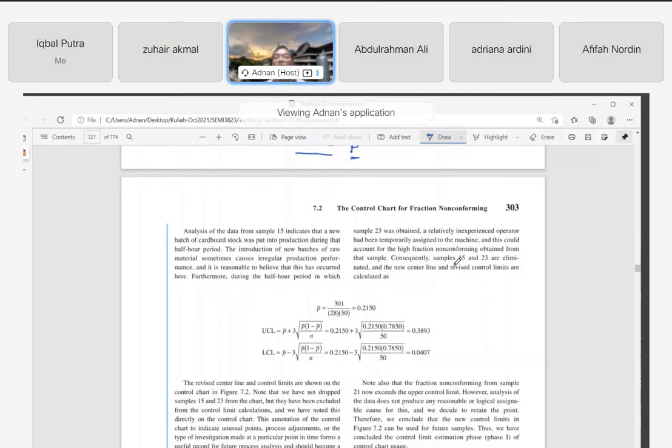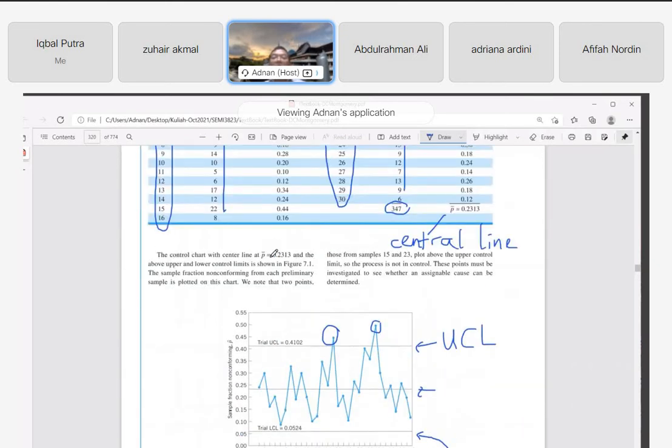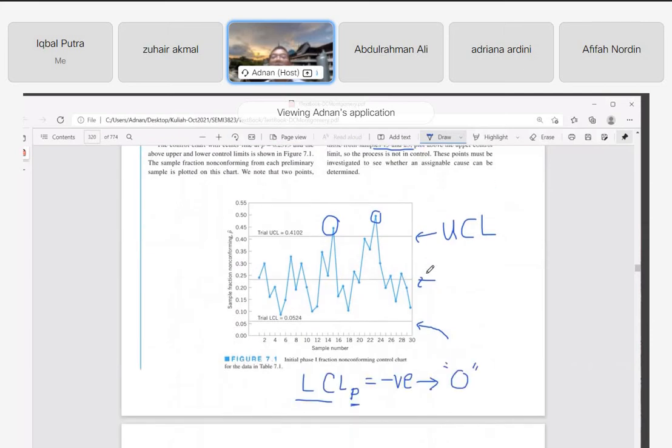So I think in this problem they have to do something here. Two points are outside: sample number 15 and 23. Sample 15 and 23 are outside the control limit.